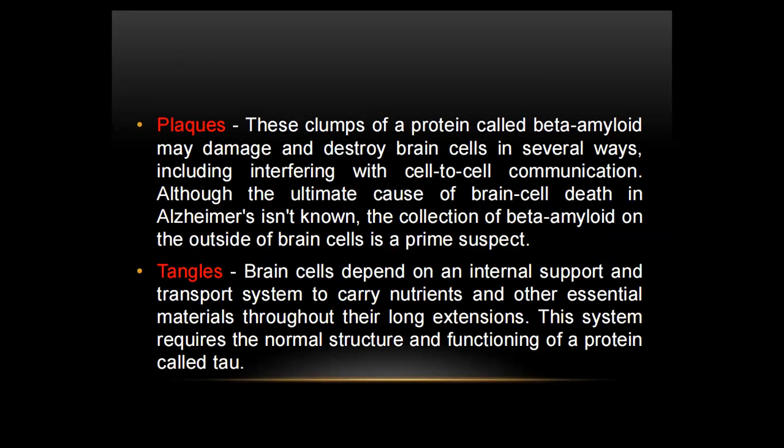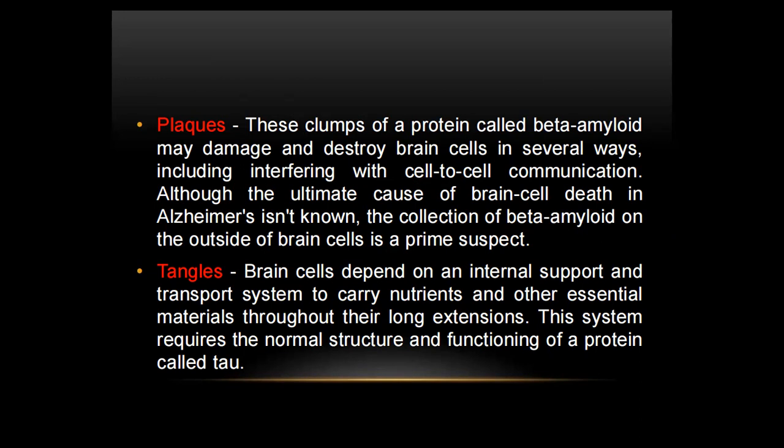Plaques are beta amyloid proteins which destroy brain cells in several ways, including interfering with cell communication. Although the ultimate cause of brain cell death is not known, a collection of beta amyloid is suspected.